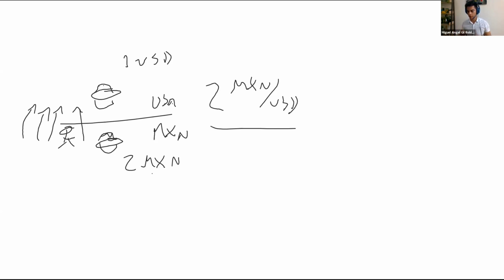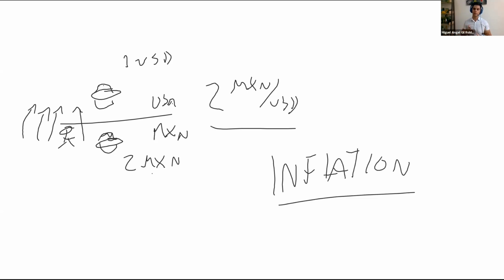So with this example, what I'm trying to prove is that inflation is a variable that affects the price of the exchange rate, isn't it? Because if things are more expensive in your own country, then you will aim to buy things from another country with cheaper prices, and then you will be demanding more currency from the other country, and that currency will get more expensive.